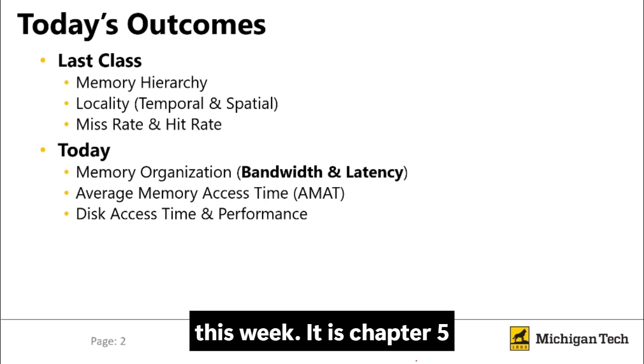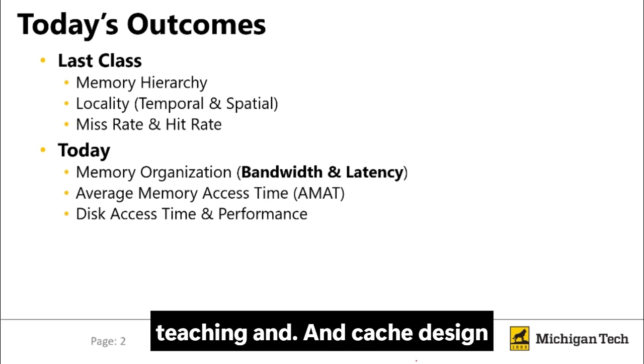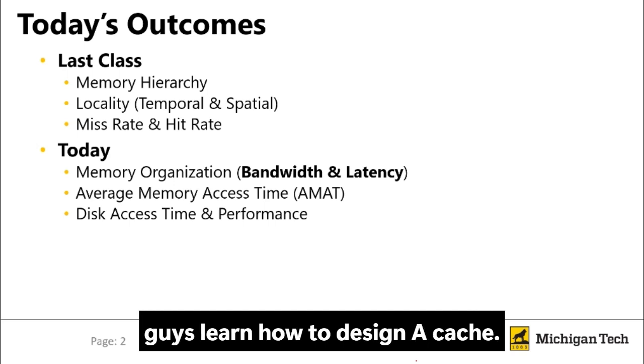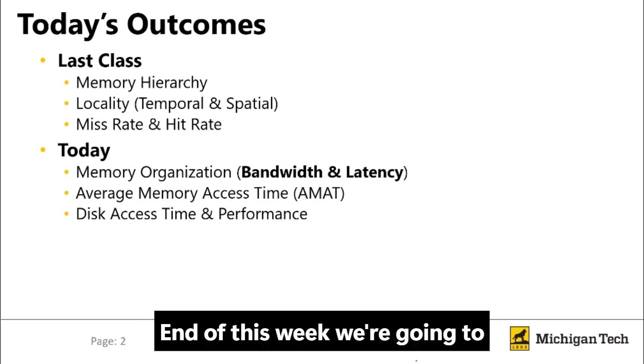So this is what we're going to learn in this chapter of the book, or in this week. It is chapter 5 of the book that we are teaching. And cache design is the main part. I want you guys to learn how to design a cache by the end of this week. We're going to have lots of examples.